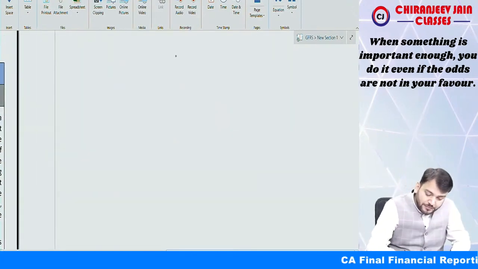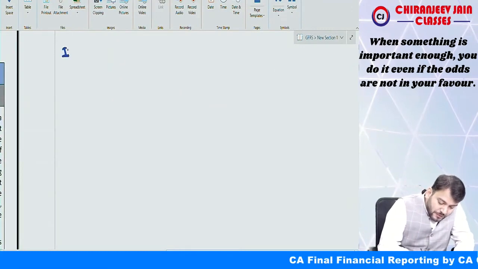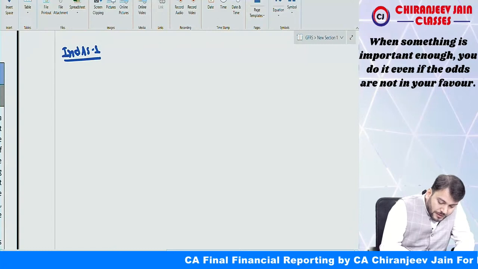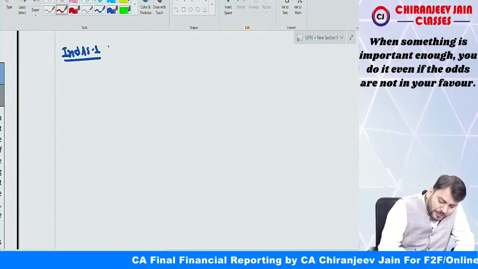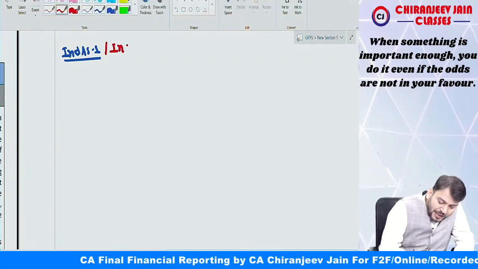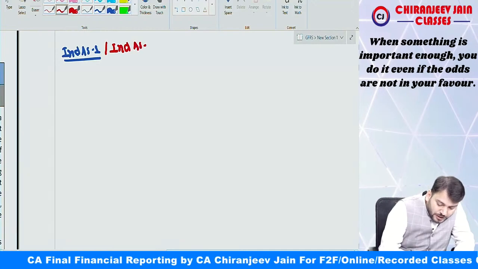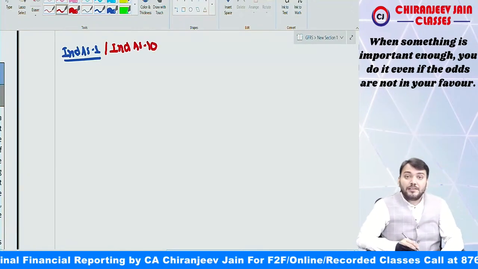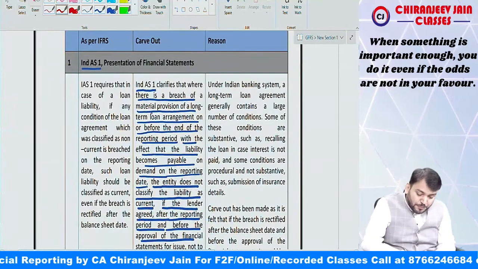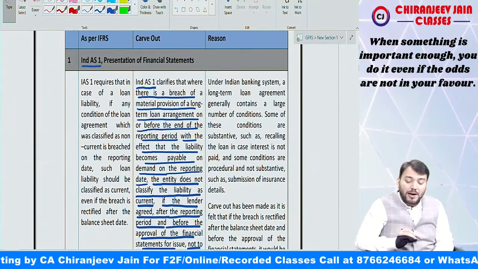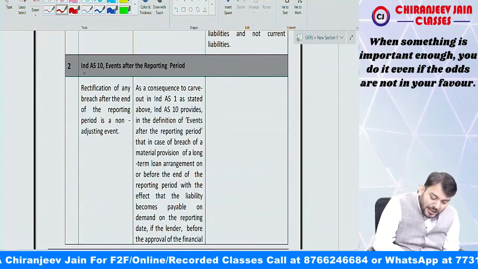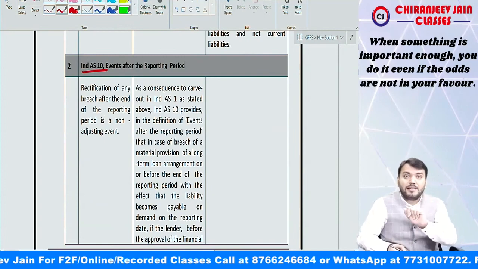That is what they are saying as per Ind AS 1. And a similar point is given under Ind AS 10 also. Let us read what they have given under Ind AS 10.